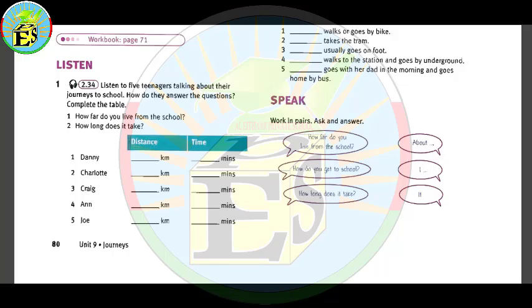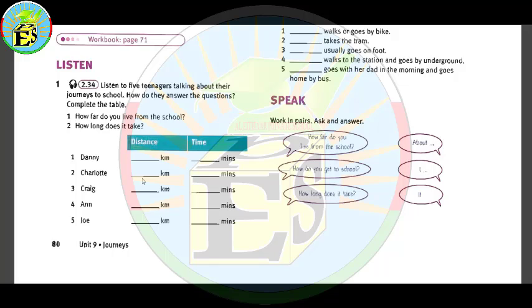2. Charlotte. How far do you live from the school? I live in a village, about 6 kilometres away. How do you get to school? My dad gives me a lift in the morning. He works near the school, but he finishes work late, so I go home by bus. And how long does it take?